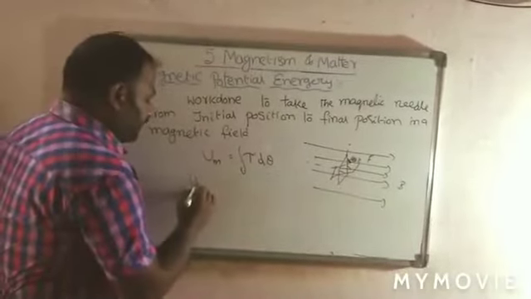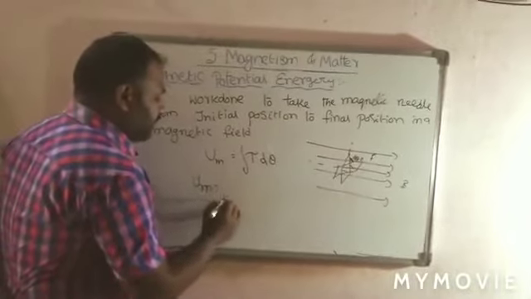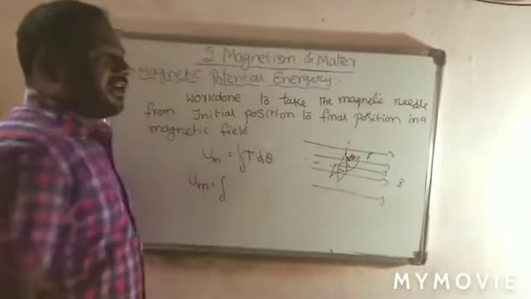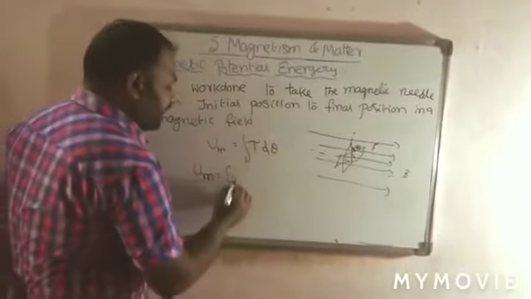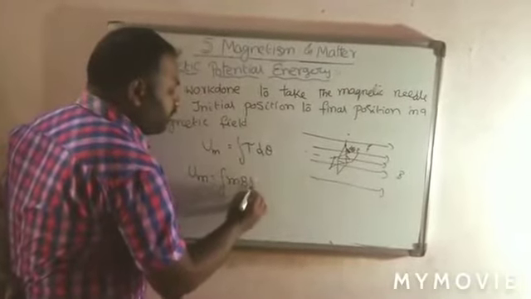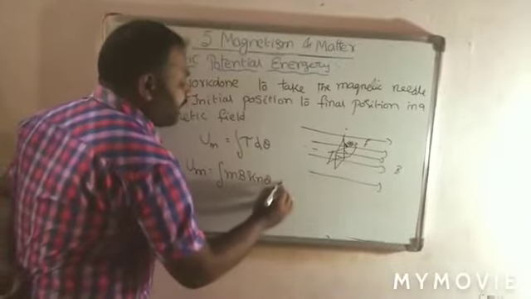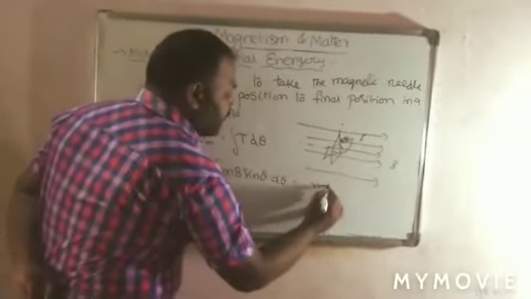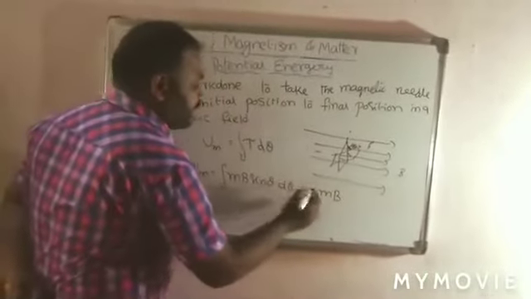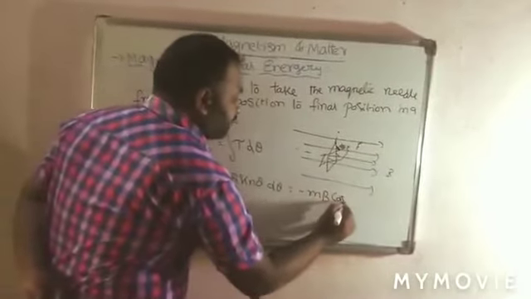Now the total work done is integral tau d theta. Here the potential energy is equal to the integral. What is the torque acting on that dipole to get the deflection? The torque is m into b sin theta d theta. That is equal to m into b, which is constant, times integral sin theta, which is minus cos theta.